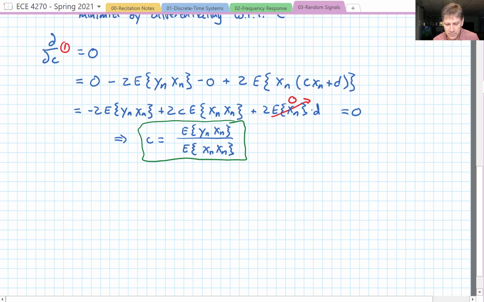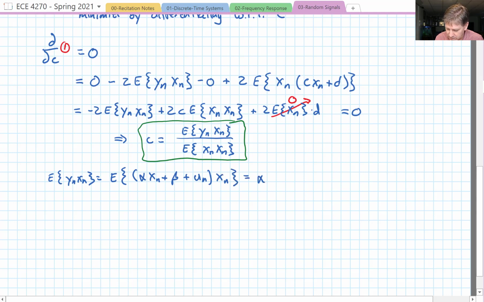But look at this. As you recall, the expected value of y[n]x[n] could be written as alpha x[n] plus beta plus u[n], all times x[n].